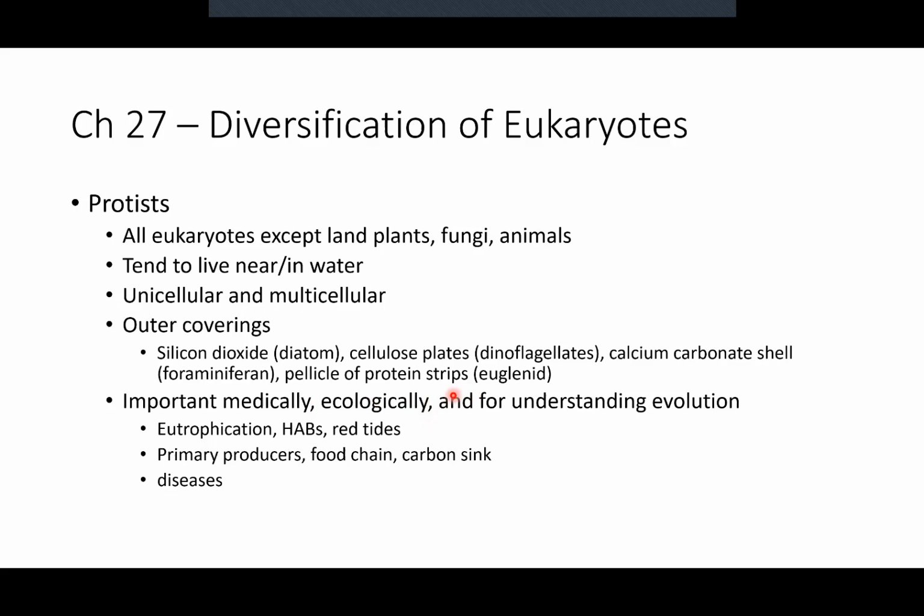In addition, they are primary producers. They play a key role in the food chain, and they can create carbon sinks. And they can also help us understand evolution because they are eukaryotes.